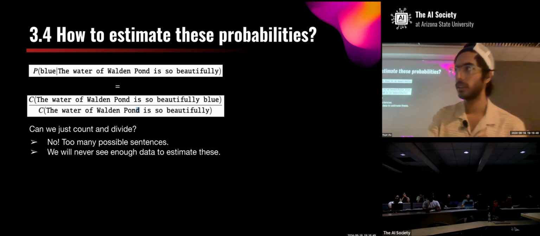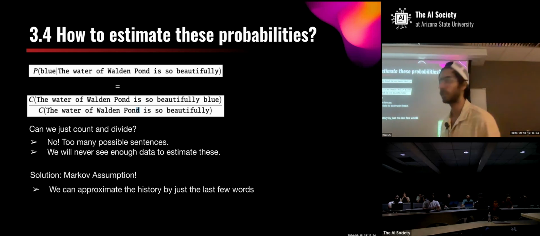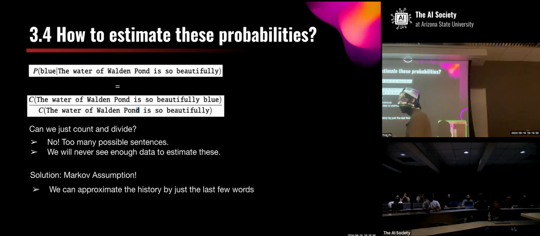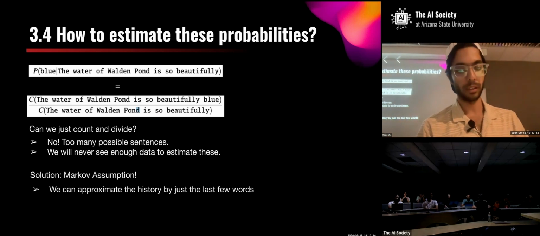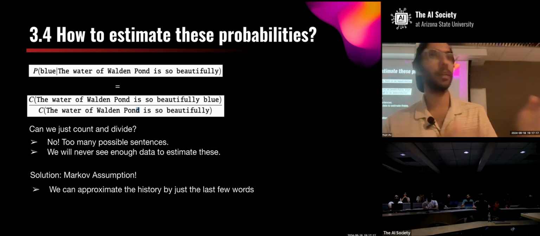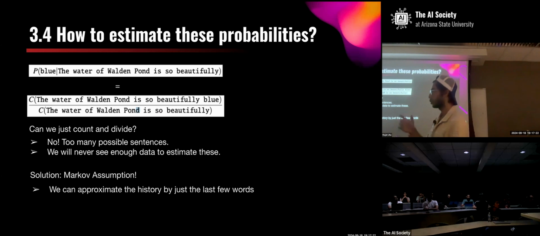The solution is something known as the Markov assumption. You will find the Markov assumption in many fields, like reinforcement learning. The intuition of n-grams is based on the Markov assumption. It says you can approximate the probability of a word as dependent only on its recent history, not its whole history.